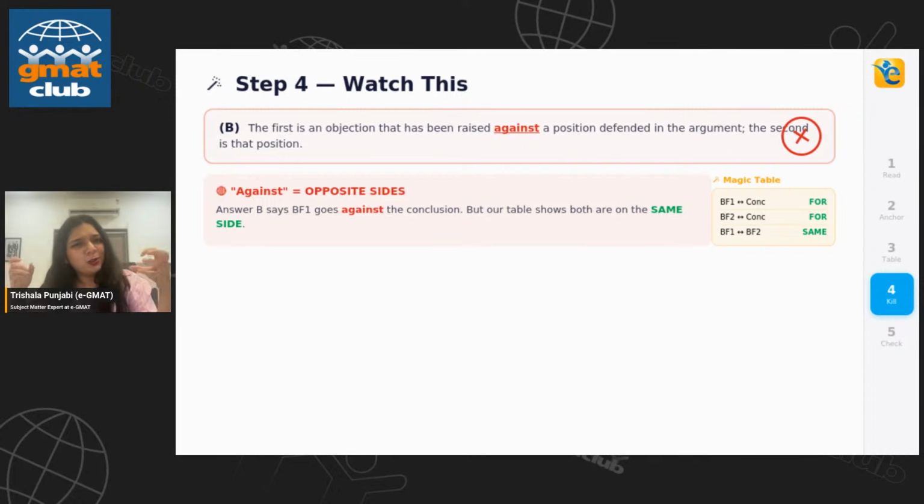But all you need to do is just simplify. What is it saying? It's against a position in the argument, which means it is against the argument. What have you already figured out? That boldface 1 is for the argument. Cancel right away. We did not even need to read the second part. We did not even need to sit and analyze what's been happening, right?